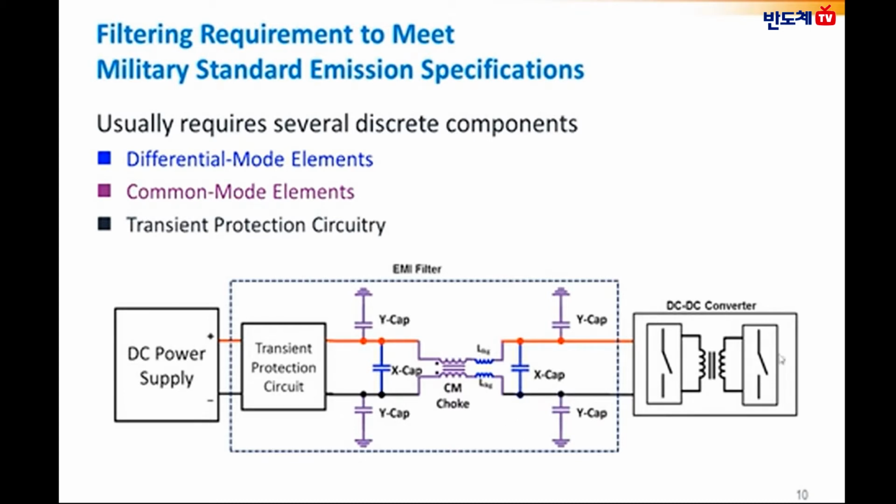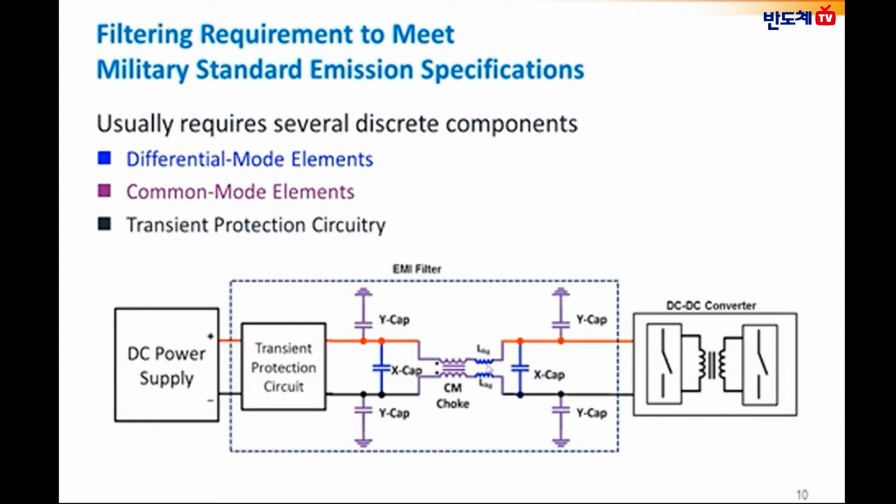As mentioned in the earlier slides, the DC to DC converter is a source of noise or electromagnetic interference. The DC to DC converter basically generates differential mode and common mode noise currents. These noise currents are typically at harmonics of the switching frequencies.